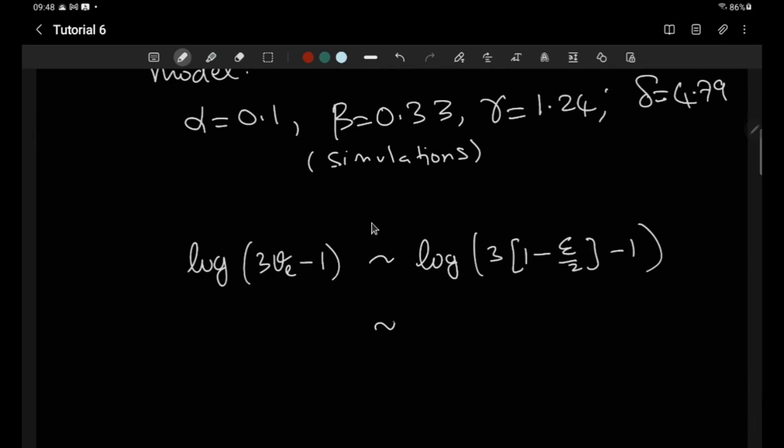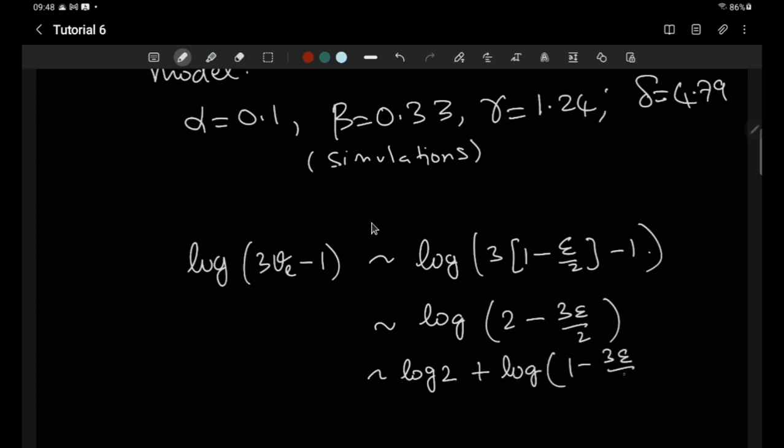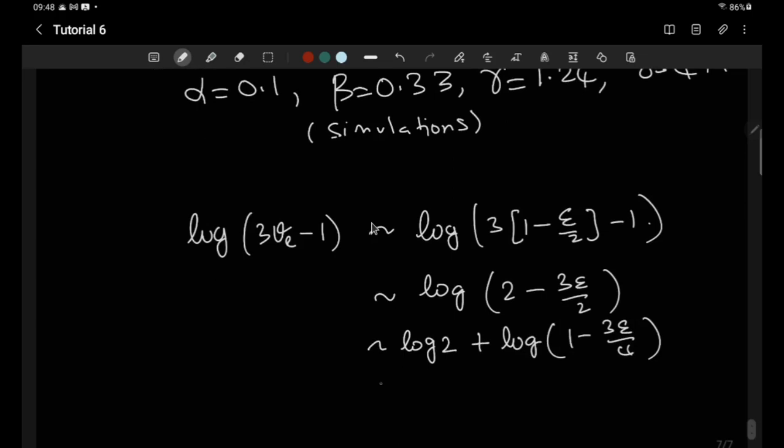Right? So this is equal to log of 3 minus 1, so 2 minus 3 epsilon by 2, which you can write as log 2 plus... you can do a Taylor series now.